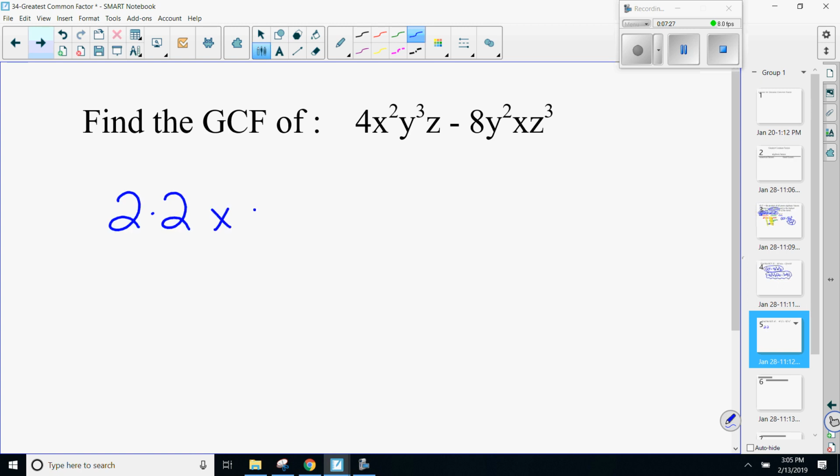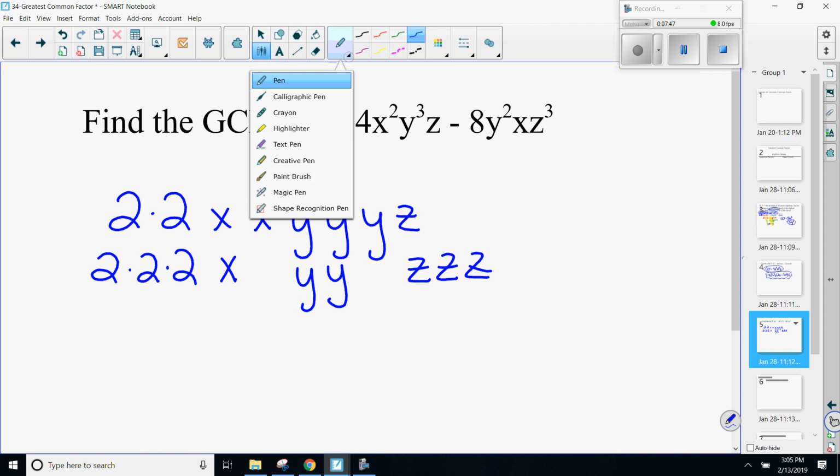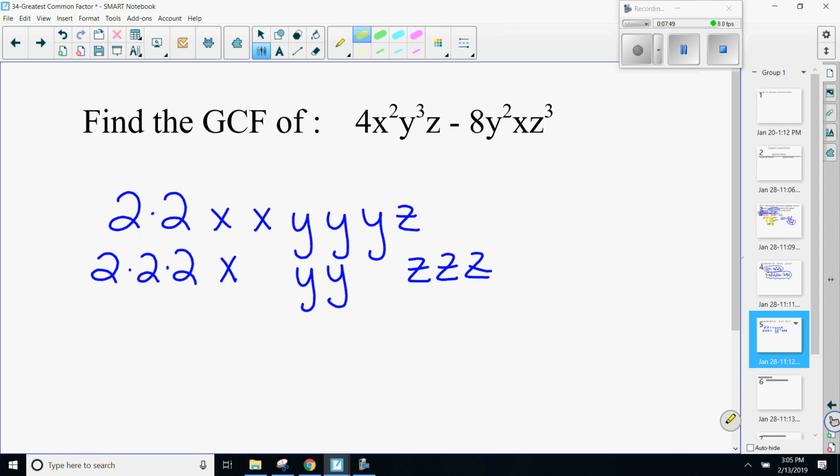X squared is 2 x's. You have y to the third, and you have z. 8 is what? 2 times 2 times 2. Then you have x, you have y squared, and you have z to the third. Can you see what the greatest common factor is going to be?